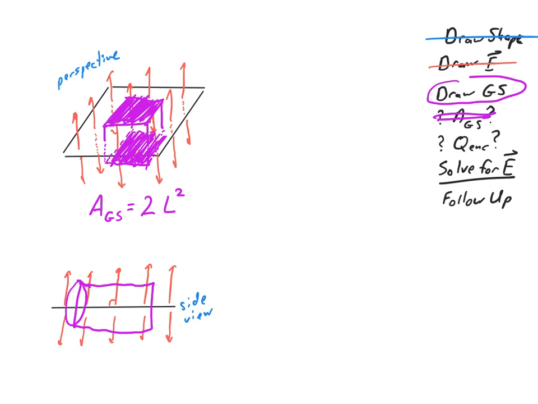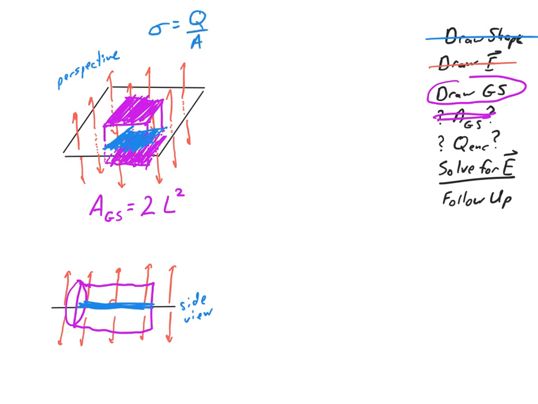How much charge is enclosed? Change colors for this. The charge enclosed is going to be this blue rectangle. Here's a side view of it down here. Okay. We're dealing with the surface charge density, so that's represented by sigma, some charge per unit area.